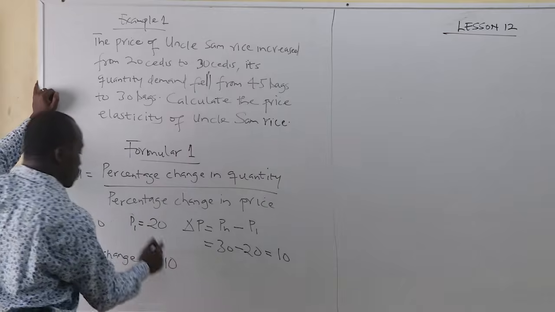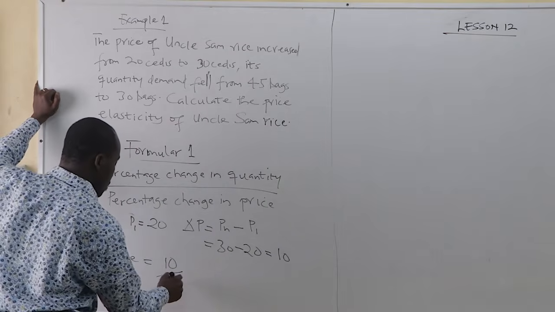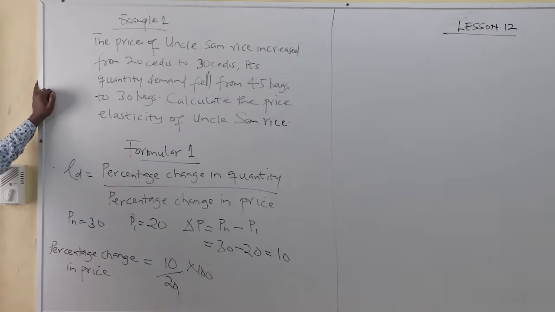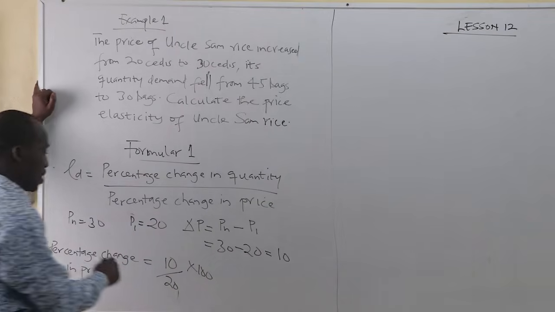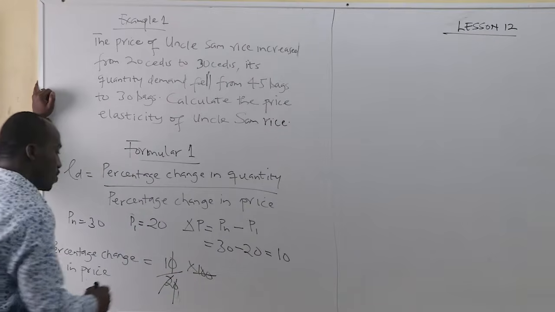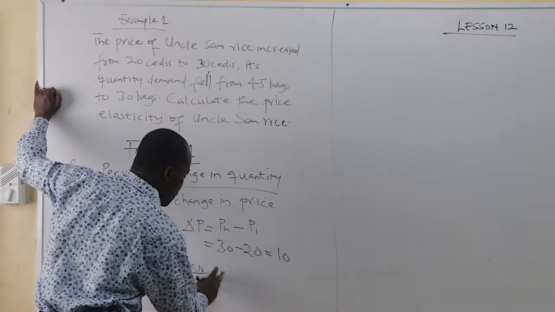The initial price is what? 20, times 100. 20 times what? 100. So this cancels this. This cancels this. What do you get? You get 50%, right?